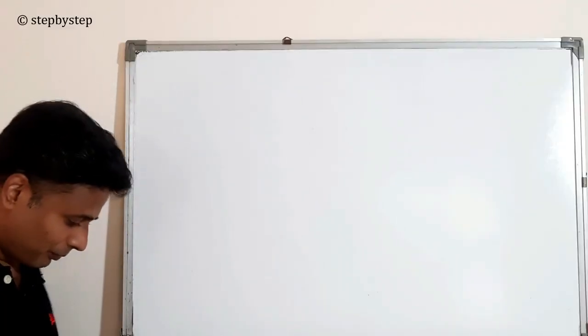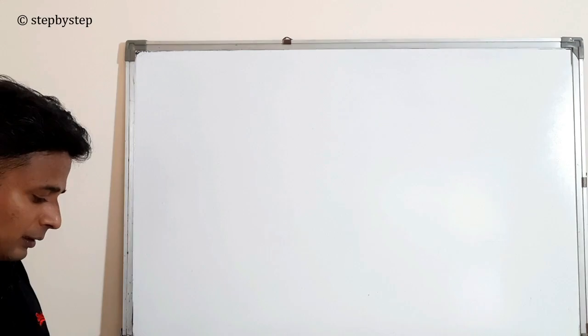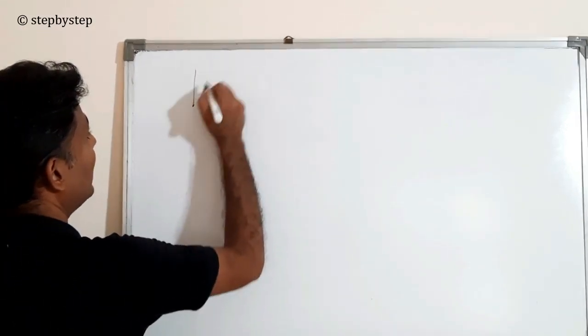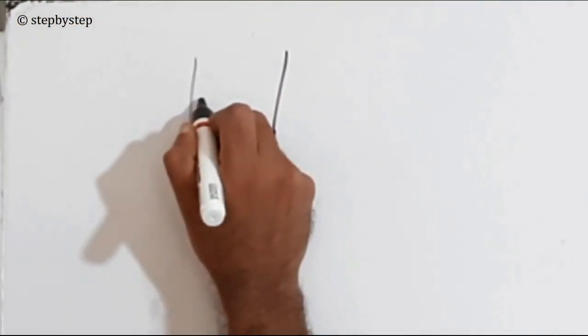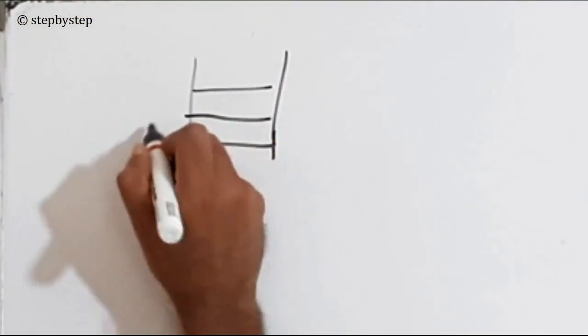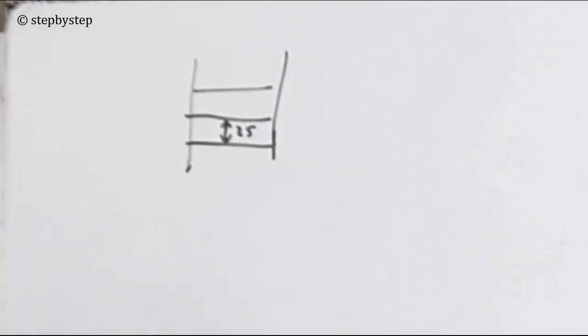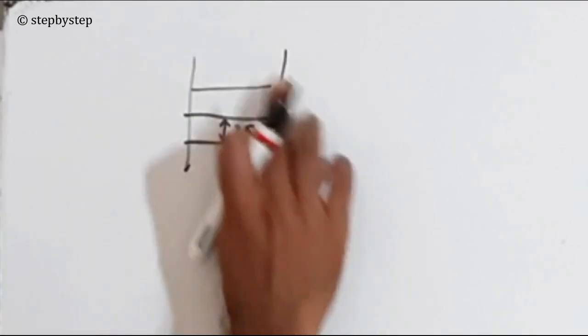Fourth question. A ladder has rungs 25 centimeter apart. So there is a ladder with rungs 25 centimeter apart. So this distance is 25 centimeter. The rungs decrease uniformly, so it's not a straight ladder.